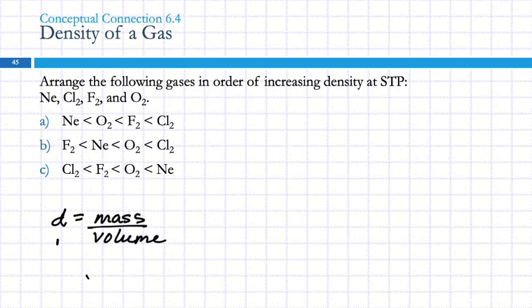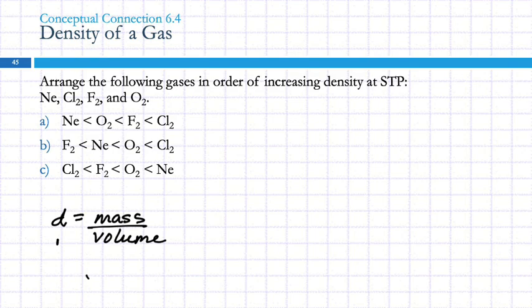We've got neon, O2, F2, and Cl2. Which one has the largest molar mass? I think it's going to be the chlorine. Neon is 20. The chlorine is going to be 35 times 2, right? So chlorine is the largest mass.